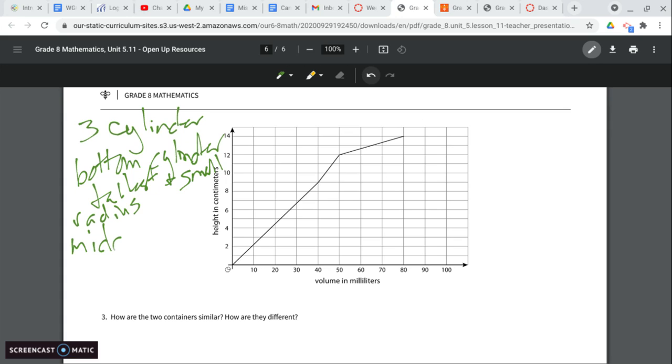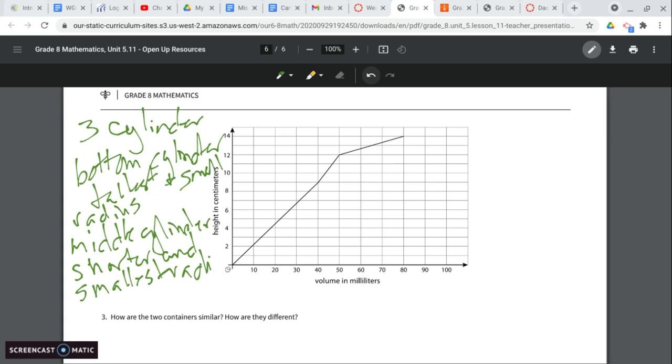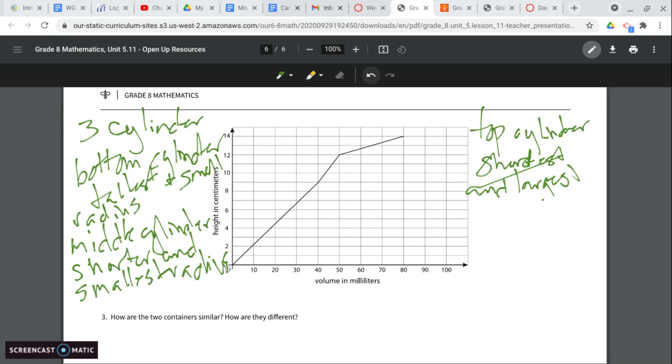The middle cylinder is shorter and has a larger radius. And then the top cylinder will be the shortest and have the largest radius because it has the shallowest slope.